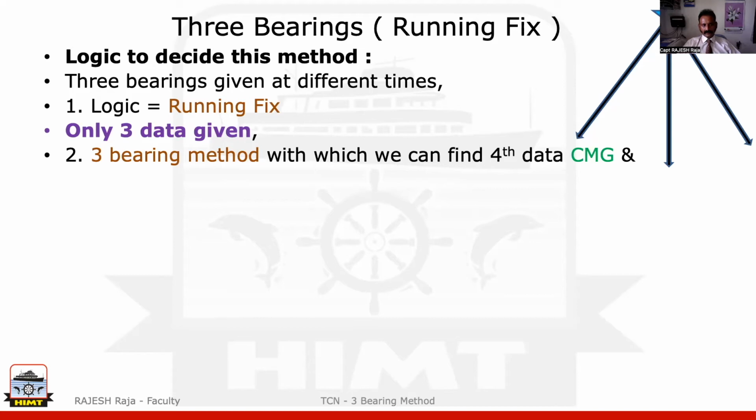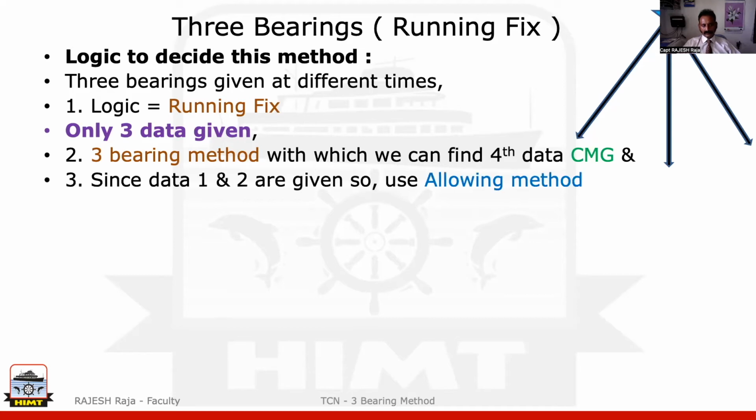So this will be my 4th data. Now let us look at the next one. I have this concept, which, again, is not a big mystery. If I'm given course to steer and engine speed in any question, I call it the allowing method. Why? Because I'm going to put these two and then let the current or the wind or whatever is given push me wherever it wants.